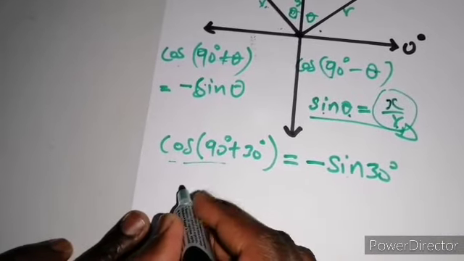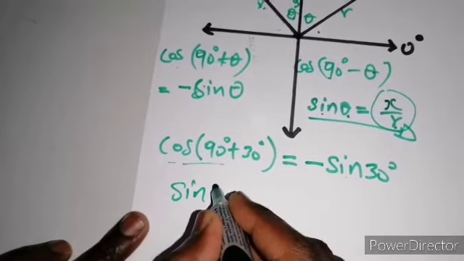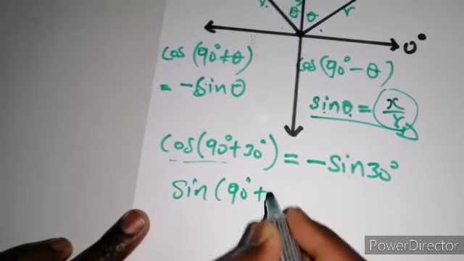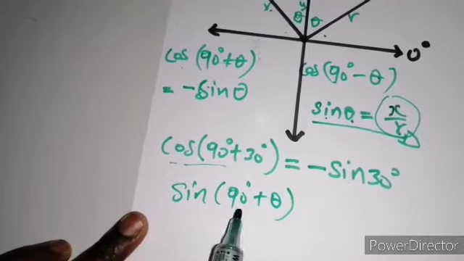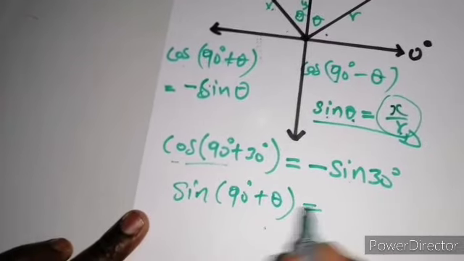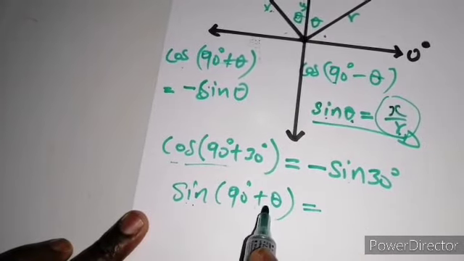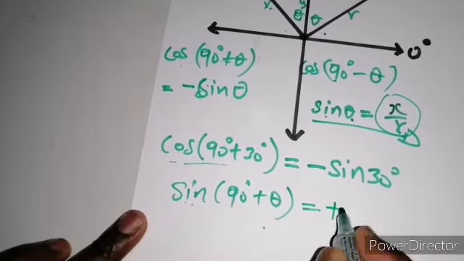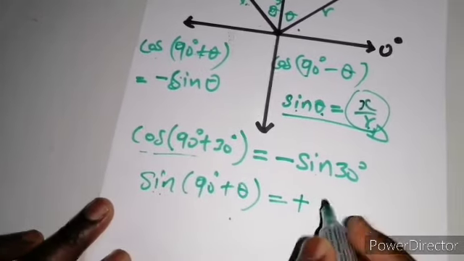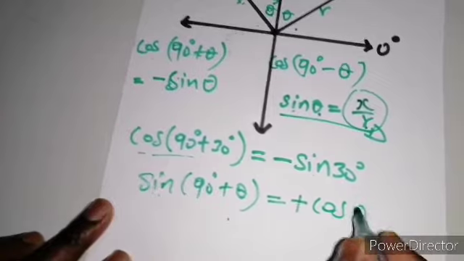If you are given the sine of 90 plus theta, this is the second quadrant. Then we check this function. Is it positive or negative? It is positive. Then before we change it to its cofunction, it is positive the cos of theta.